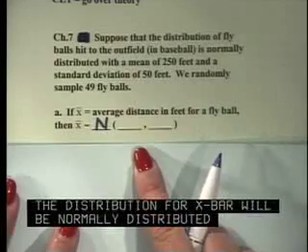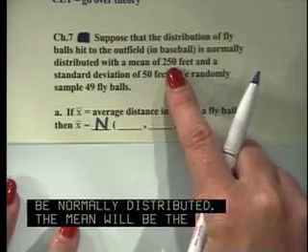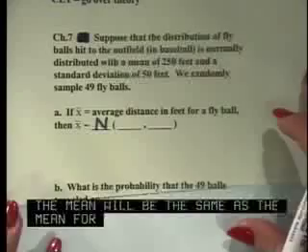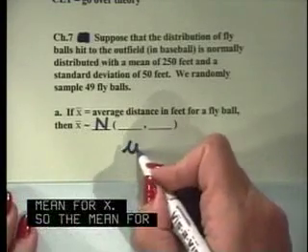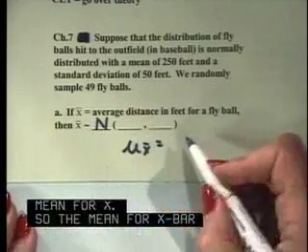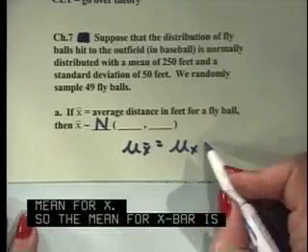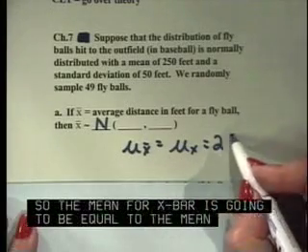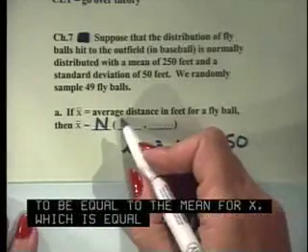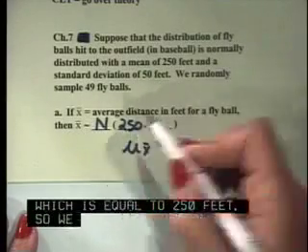The mean will be the same as the mean for x. So the mean for x bar is going to be equal to the mean for x, which is equal to 250 feet. So we put that right in here.